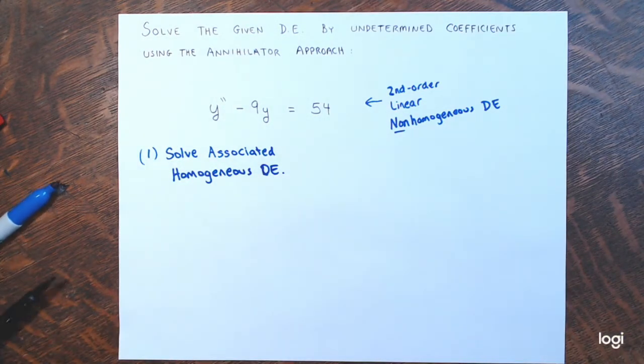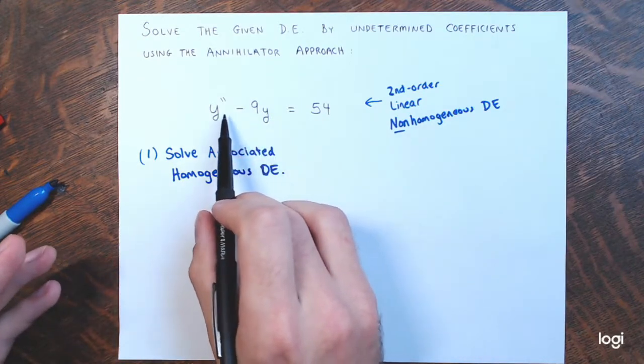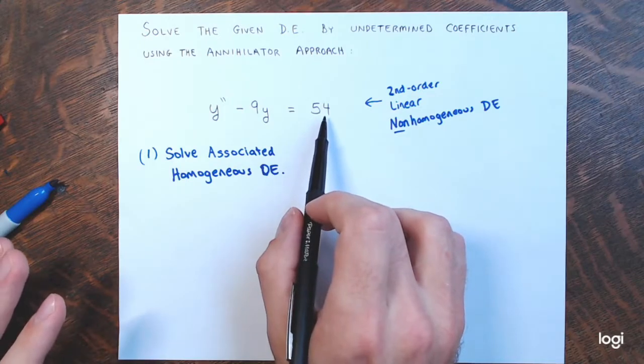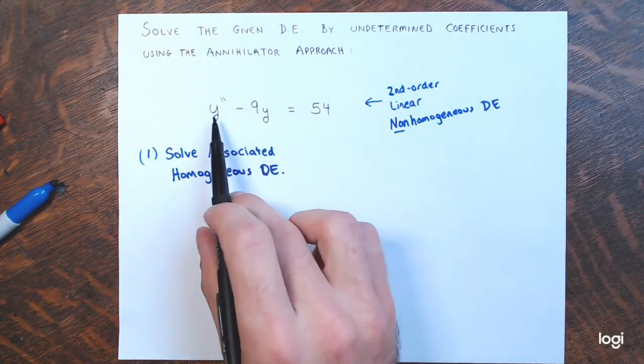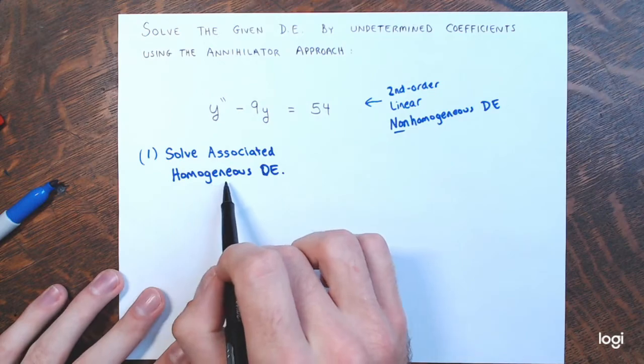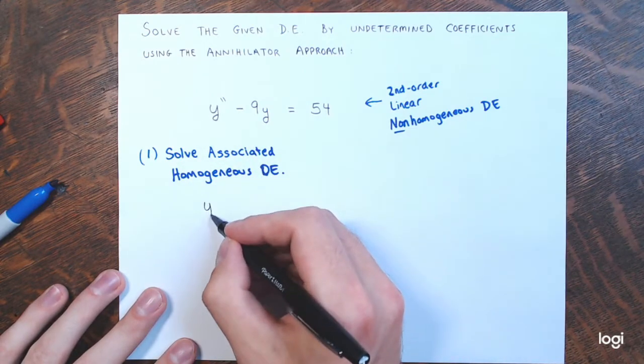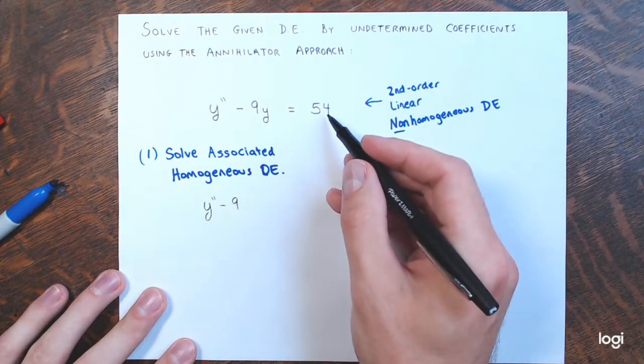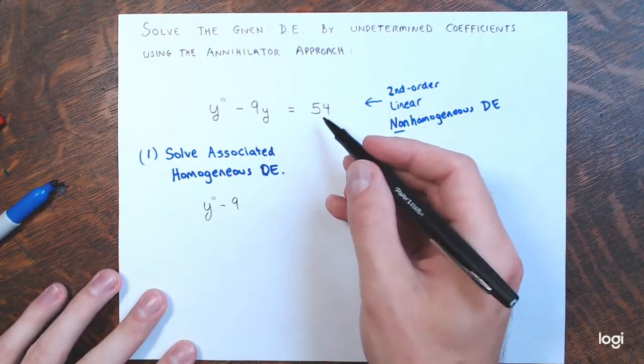Again, with all your y's and y primes and everything involving y on one side, everything that doesn't involve y on the other. To make the associated homogeneous differential equation, you just write the same equation, but make the other side 0, not the constant term.